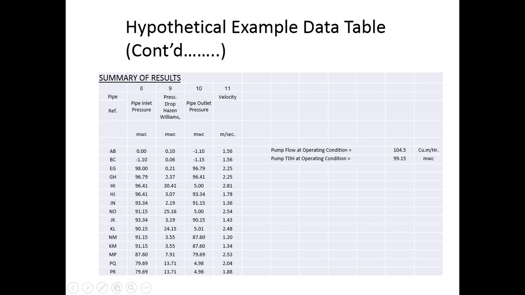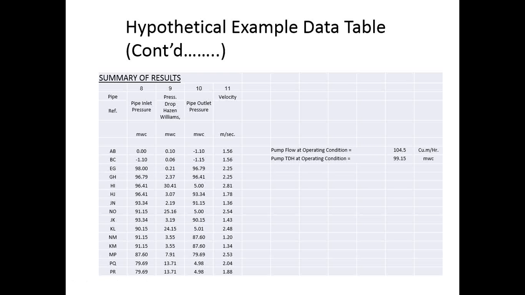Then this slide demonstrates the results of the piping pressure drop calculation and derivation of required pump parameters. Inlet pressure is calculated in column 8, pressure drop in column 9, outlet pressure in column 10, and average velocity in column 11.